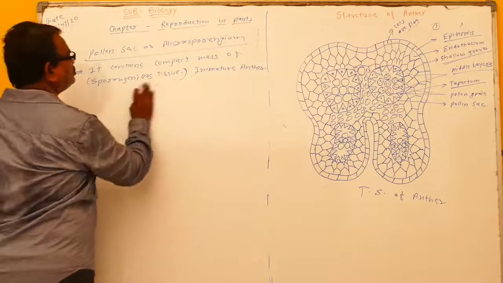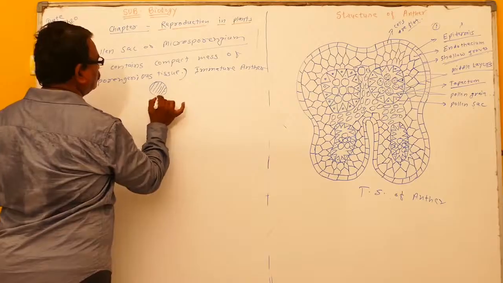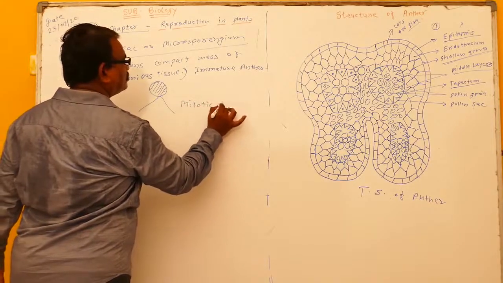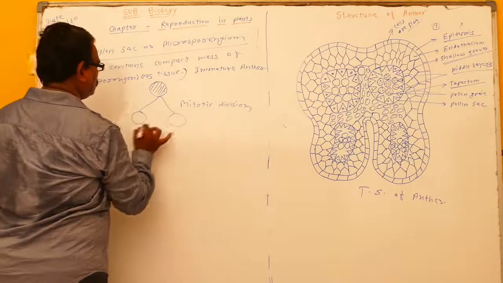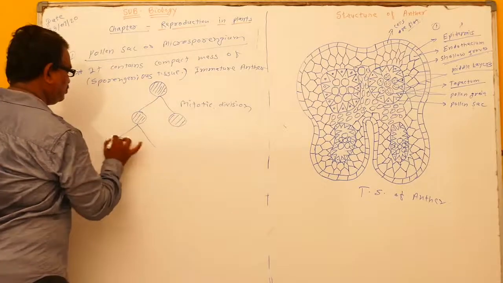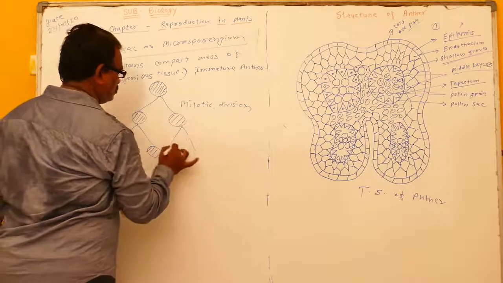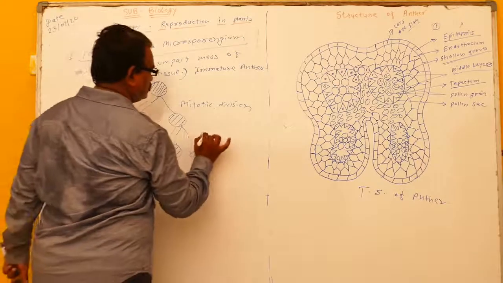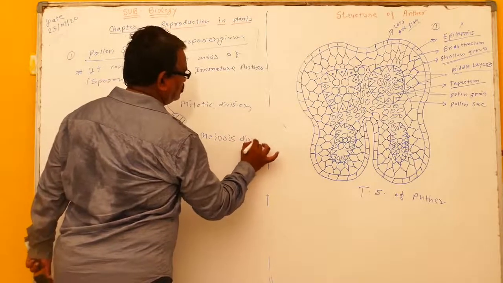This sporangenous tissue first undergoes mitotic division, after that meiotic division.